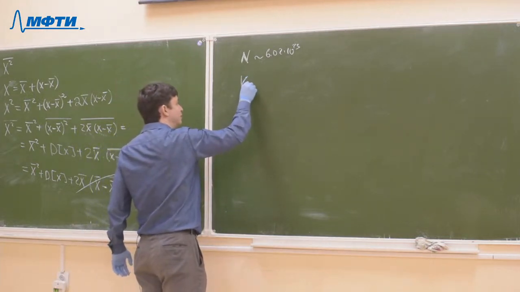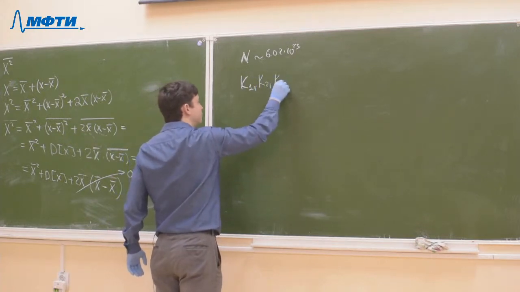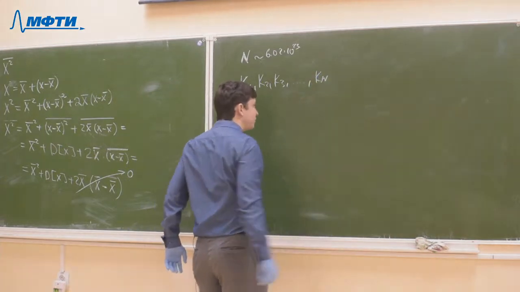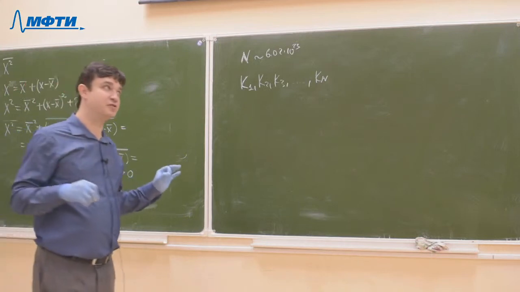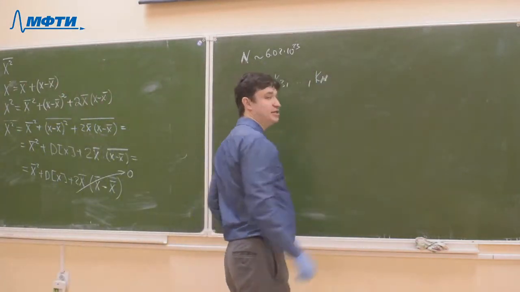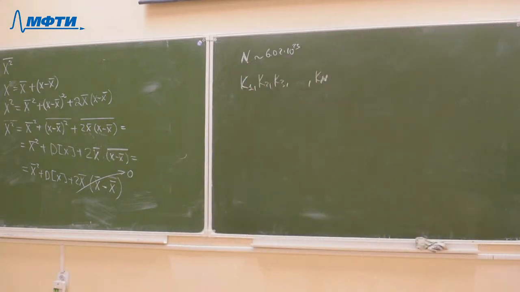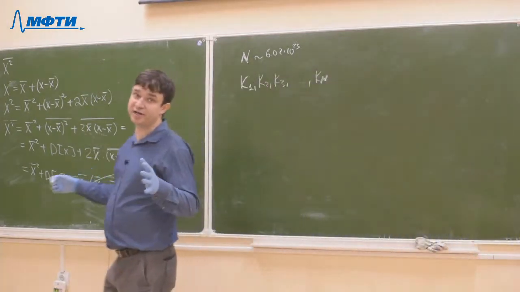So we can calculate the kinetic energy of the first molecule, of the second molecule, the third molecule, and so on, up until the kinetic energy of the Nth molecule at some given point of time. Each of these kinetic energies is, of course, a random variable. And these random variables are distributed over a broad range.